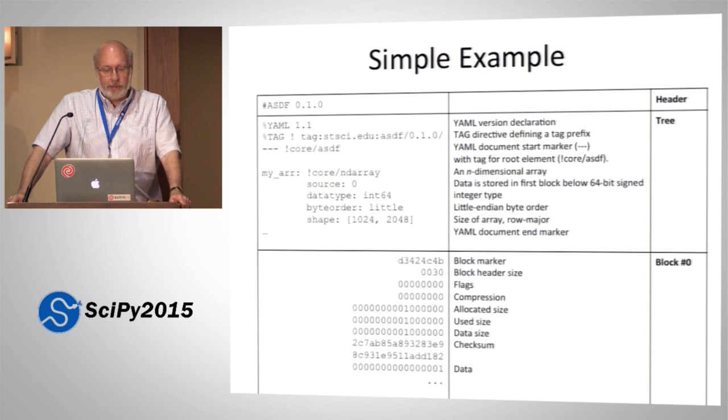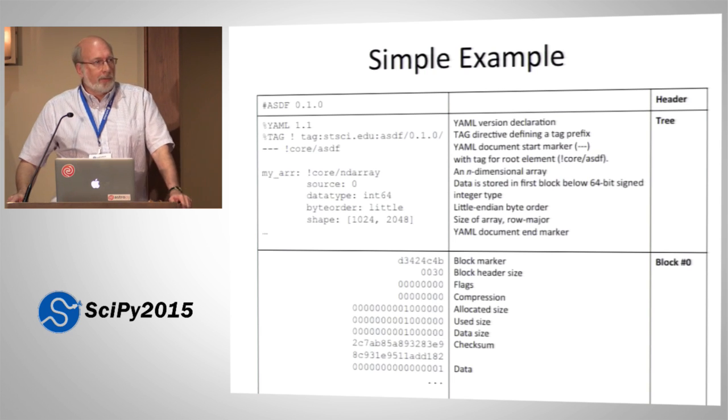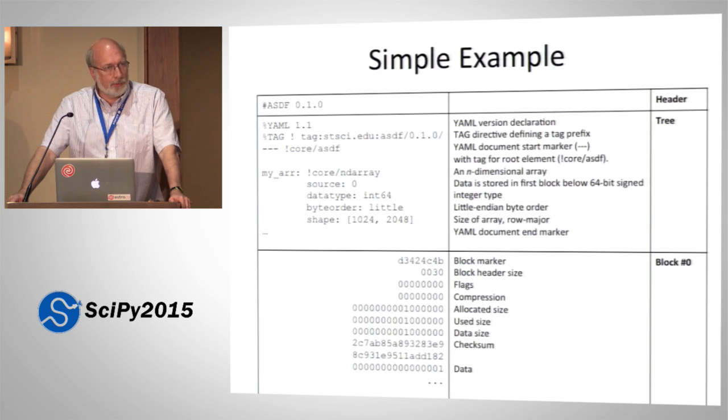So what you see there, after my array, is a tag that tells it this is to be interpreted as a multi-dimensional array. And then that source 0 says the data is actually stored in binary block 0, and the rest of the attributes indicate how that binary data is supposed to be interpreted as an array.